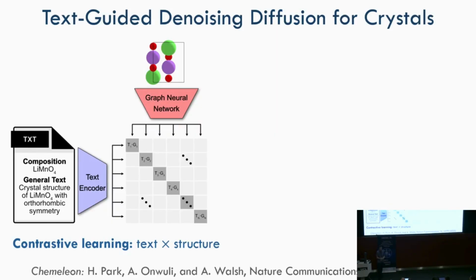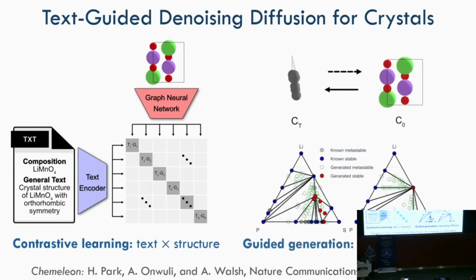And then he performed contrastive learning to define the embedding space. So essentially he uses a text encoder, in this case it was SciBERT, to encode text descriptions, and a graph neural network to encode the 3D structure. You perform contrastive learning. And then the vectors from the contrastive learning are used to condition the generation process.